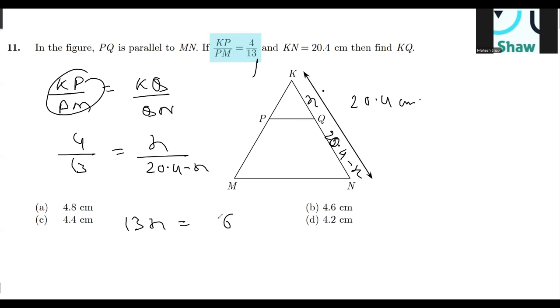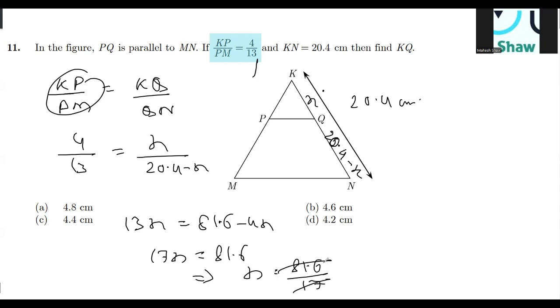Let's first write down 16, and 4 into 0.8, that is 3.2, and we have one decimal place, minus 4x. Now transposing this to the left hand side, it is 7x equal to 81.6, which implies x is equal to 81.6 divided by 17. Now, is it divisible by 17? 816 divided by 17.